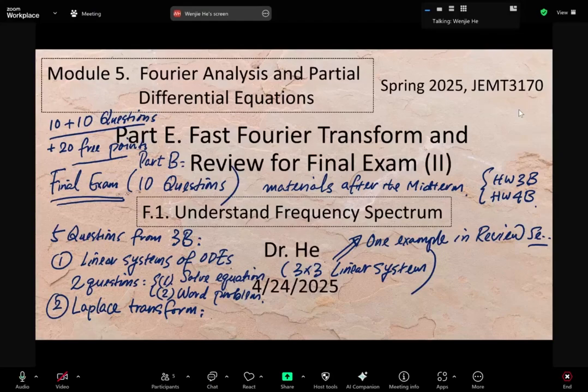So there are also 2 questions, on differentiation and integration.